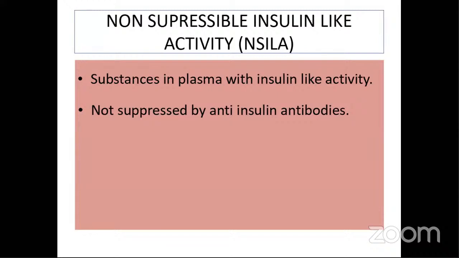These substances act like insulin. And which are they? The non-suppressible insulin-like activity, or NSILA, is mainly due to insulin-like growth factor 1 and insulin-like growth factor 2. Where have you studied about this insulin-like growth factor?